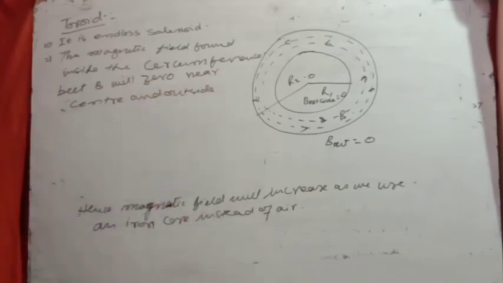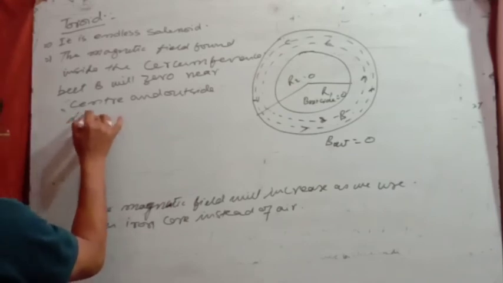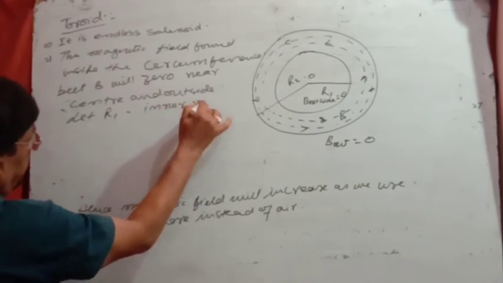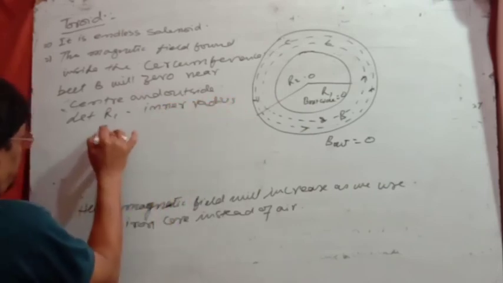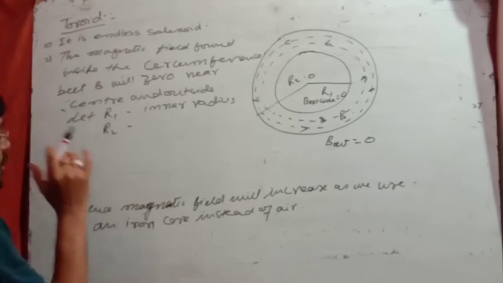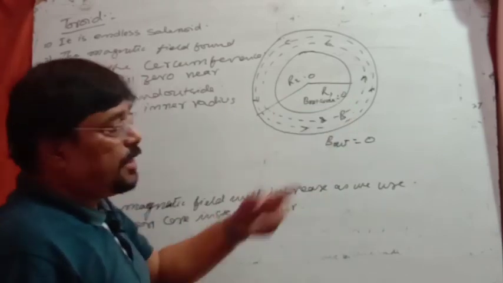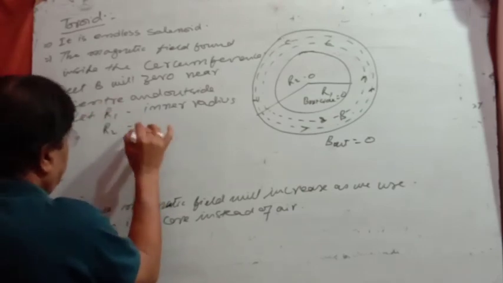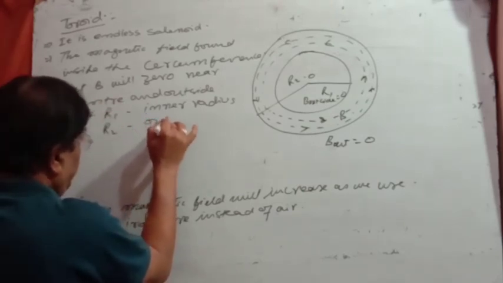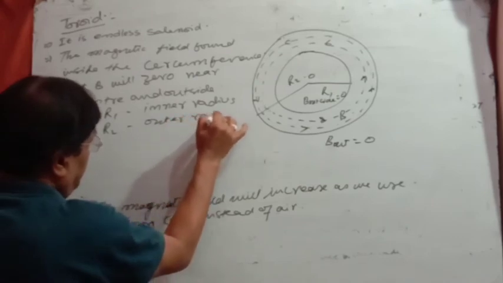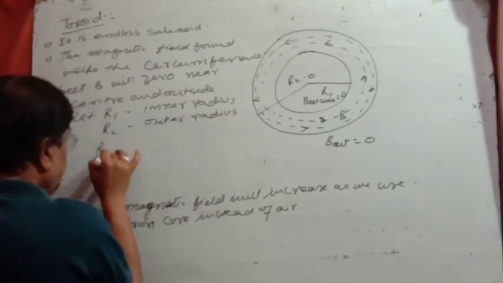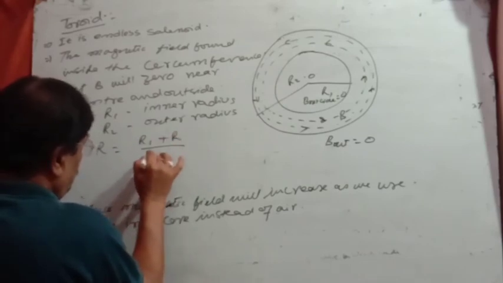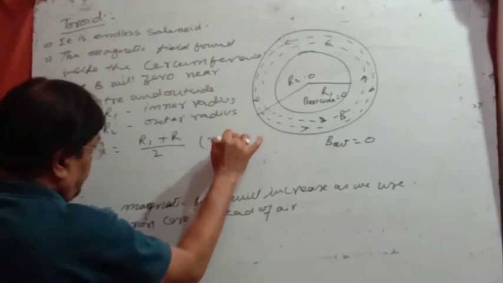Let R1 be the inner radius and R2 the outer radius. Why is it zero? Because no flux passes outside of the solenoid, outside of the toroid. So we are taking the mean, that is R1 plus R2 by 2. It is the mean value of R.